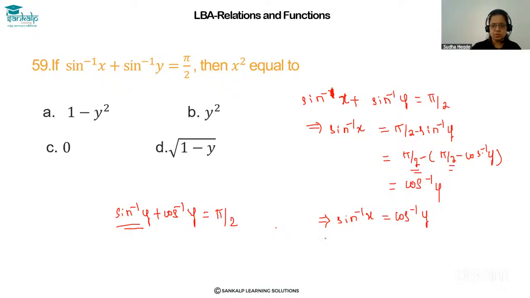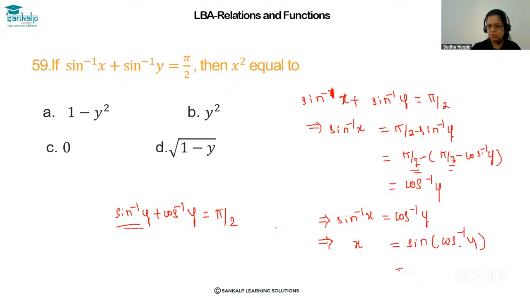Correct? So we have to check what is the value of x and hence calculate x square. So I am applying sine on both sides. So here sine inverse sine, it is x is equal to sine of cos inverse y.